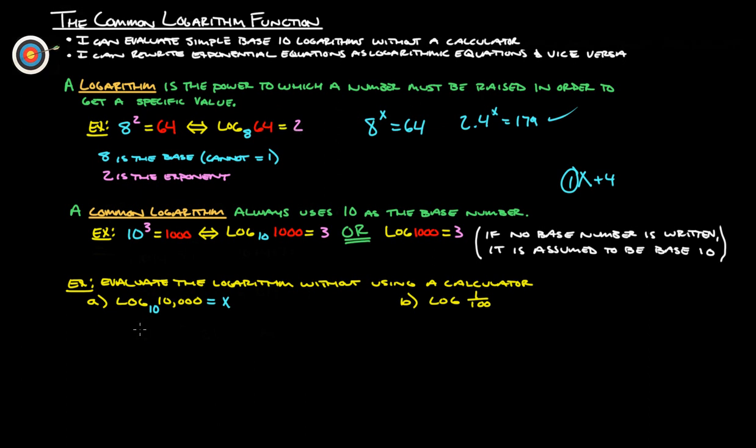So what this is saying is 10 to what power gives us 10,000. Okay? And so that means that x has to be, because there's 1, 2, 3, there's 4 zeros. So that means 10 to the fourth power will give you 10,000.